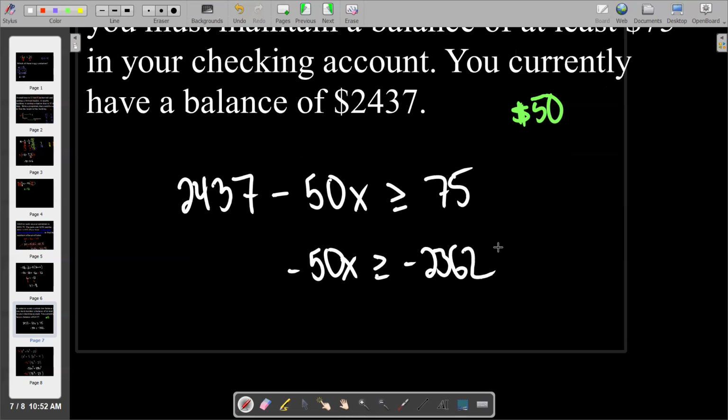And then if we divide that by negative 50, here's our final answer: x is less than or equal to 47.24. Now, remember the discussion we've had: does it make sense to leave it as a decimal? Not really. I would just put it to 47. So when we go to graph it, we would graph it as less than 47. And the answer to the question in a complete sentence would be something like, I can make up to 47 withdrawals without going below the bounds.